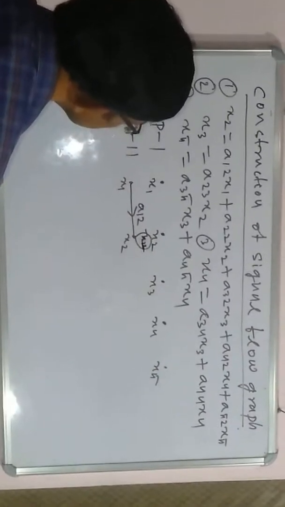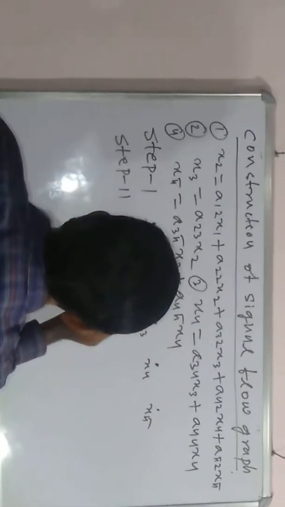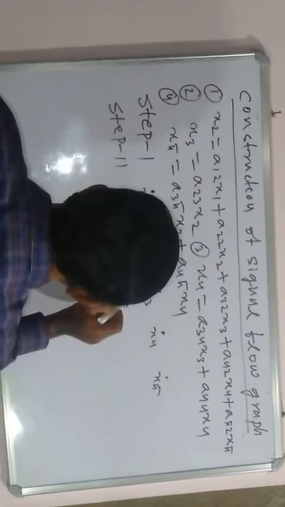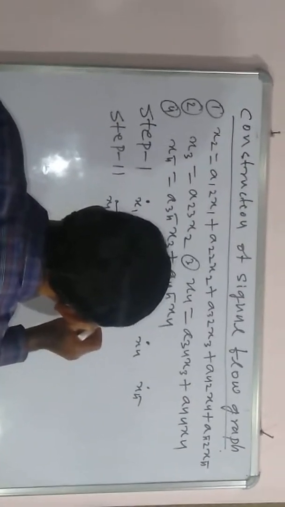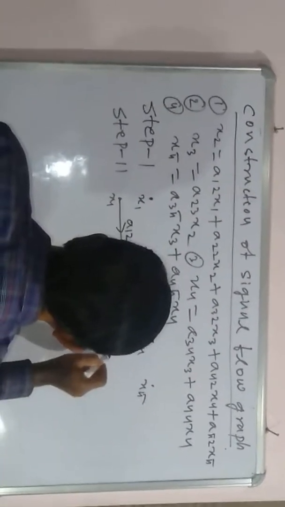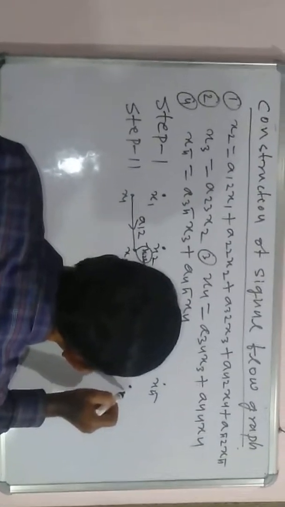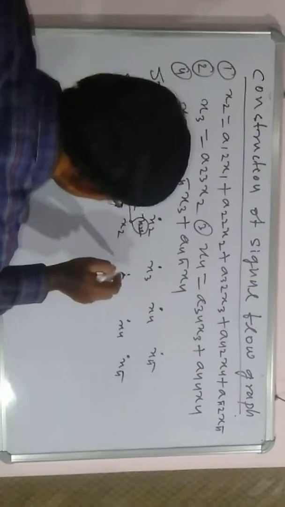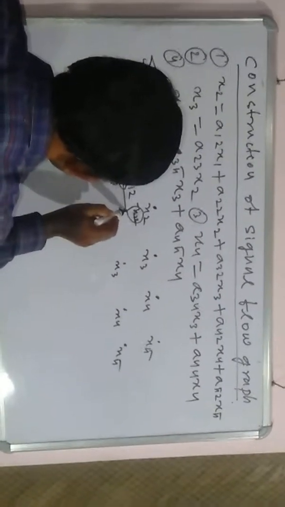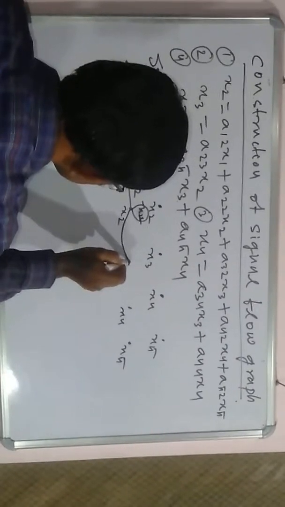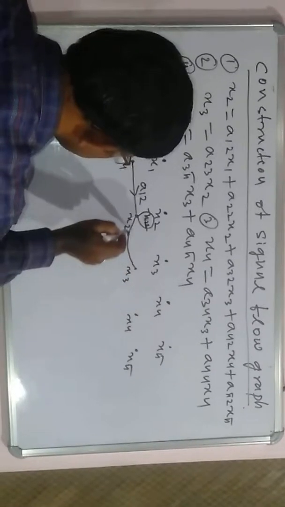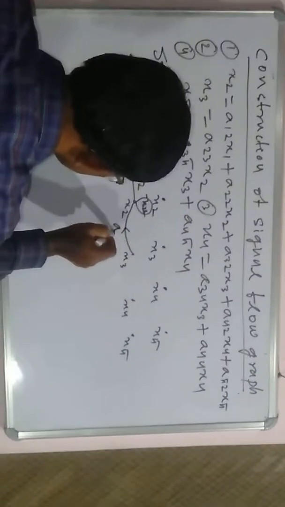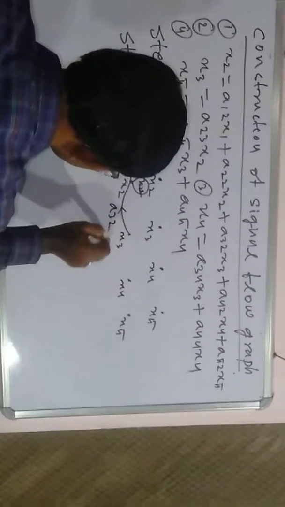Then a32 x3. This is node 3, x3. This is x4. This is x5. So a32, we can draw like this because it starts from node 3 and ends at node 2. Therefore this is a32.